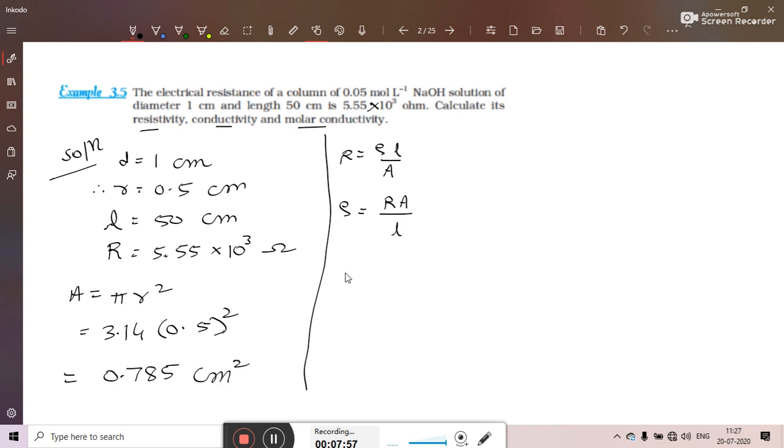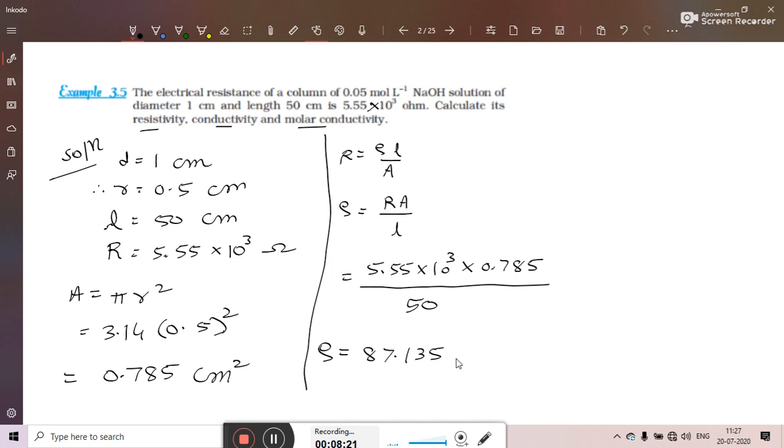So instead of R we will write 5.55 into 10 raised to 3, instead of A we will write 0.785, and in the denominator L in terms of centimeter is 50 centimeter. So the answer of rho will be 87.135, and the unit of rho is ohm centimeter.